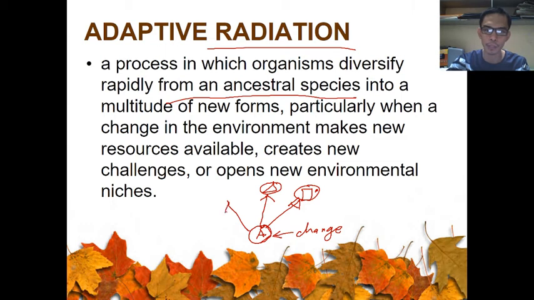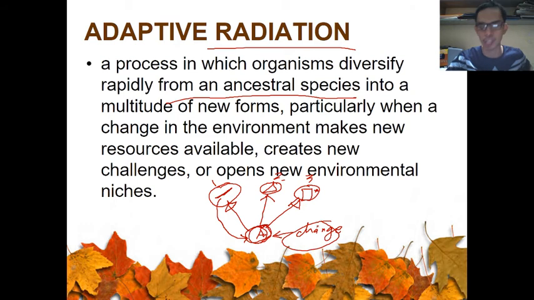If they evolve into something like this again, this kind of structure is already different from these organisms, thus making one organism give rise to three kinds of organisms. So we have 1, 2, 3 kinds of organisms. That is because of the certain change in environment that triggers the mutation and changes in the structures of the organism. So they are able to open themselves into new environmental niches.